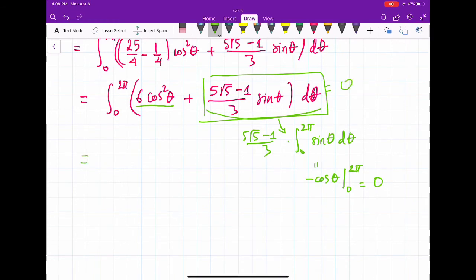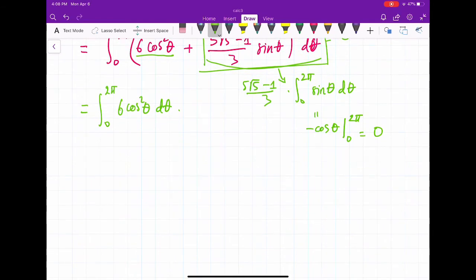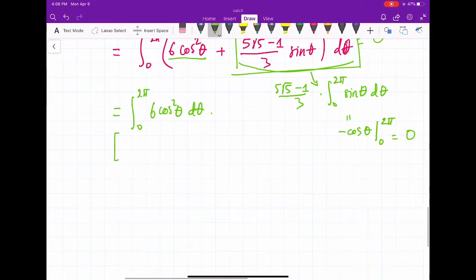Let's work with the first function. That is the integral from 0 to 2 pi of 6 cosine squared theta d theta. We had one example in the previous video with the double angle formula. I remind you of this right here: cosine 2 theta equals 2 cosine squared theta minus 1.